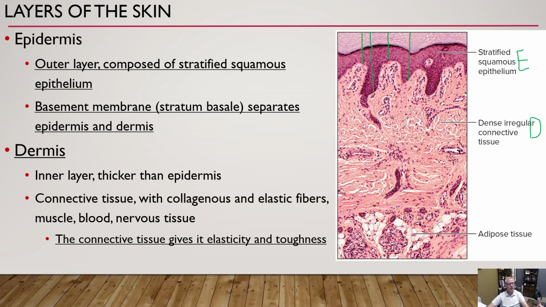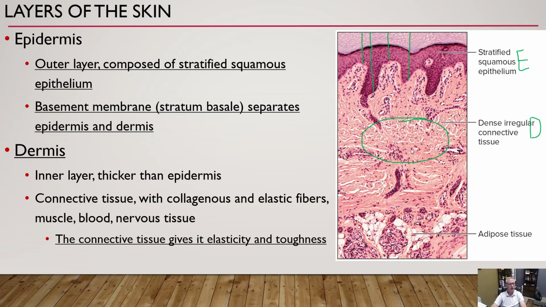It's made up of a lot of connective tissue. You can see the dense, irregular connective tissue down here. It doesn't have that wave-like pattern that we saw with the dense, regular connective tissue. We saw last chapter those collagenous fibers, those elastic fibers.